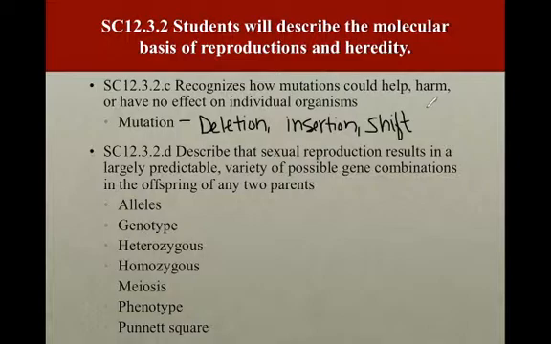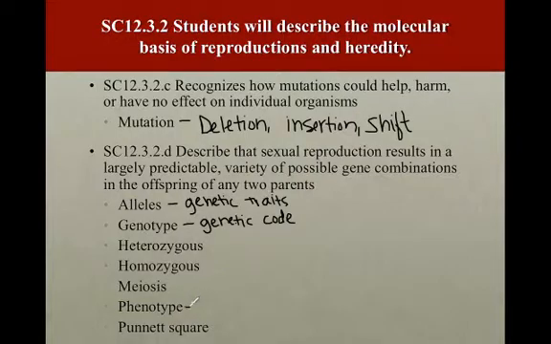Okay, now describing that sexual reproduction results in a largely predictable variety of possible gene combinations in the offspring of any two parents. So alleles, what were alleles? Okay. So when we had like big R, little r, each of those is an allele, right? Genotype is the genetic code, the order that the genes are actually listed out in your DNA.